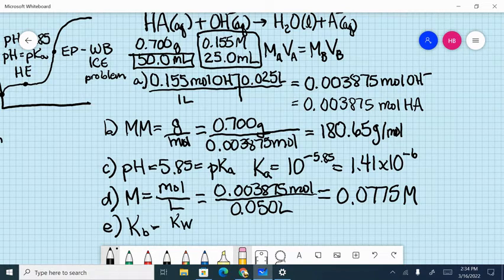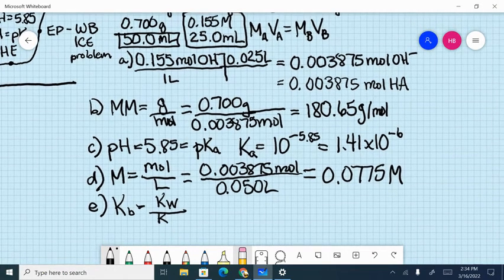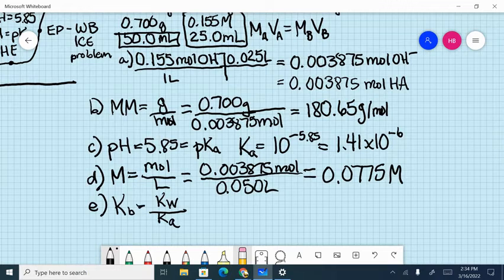So Kb is Kw over Ka. Remember, these are all in your reference packet, so make sure you know where these formulas are in case time passes by and you forget.